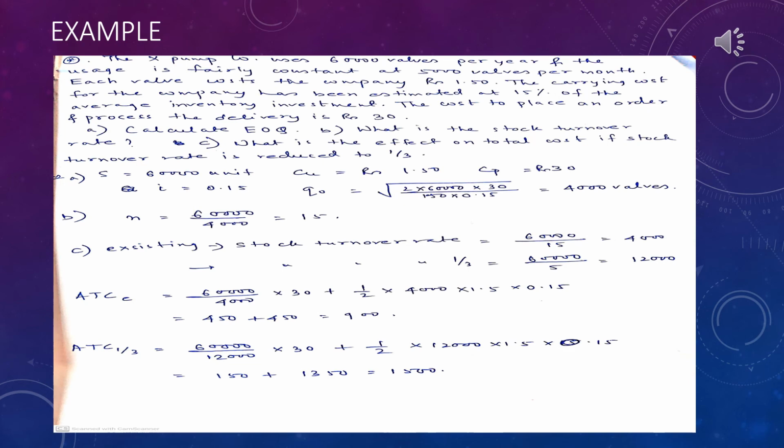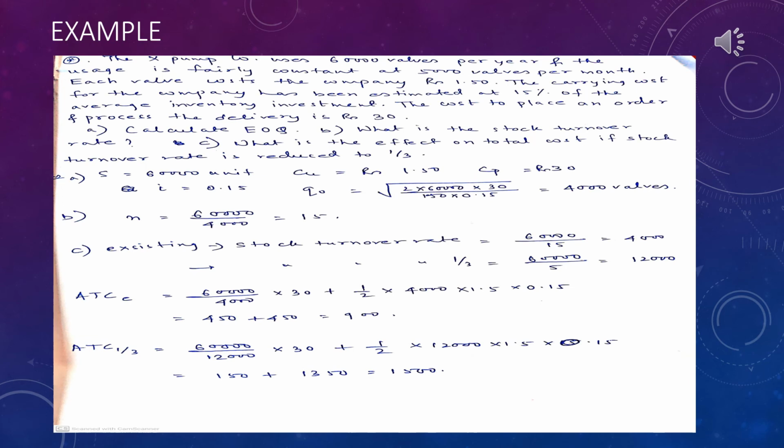Now, what do we need to find out? The stock turnover rate. Stock turnover rate is basically the number of orders that the organization is putting in per year. Per batch the organization is ordering 4,000 units, which we found in EOQ. The total consumption of the organization is 60,000. So 60,000 divided by 4,000 gives me 15 orders per year.